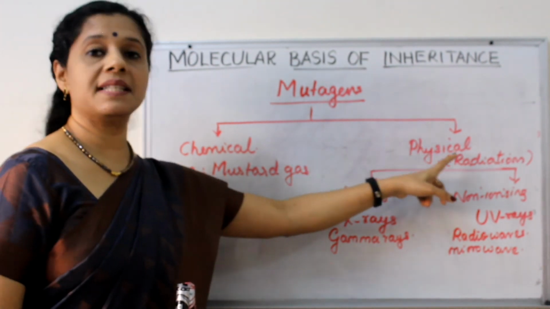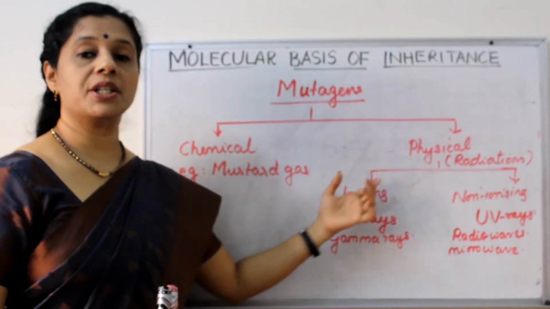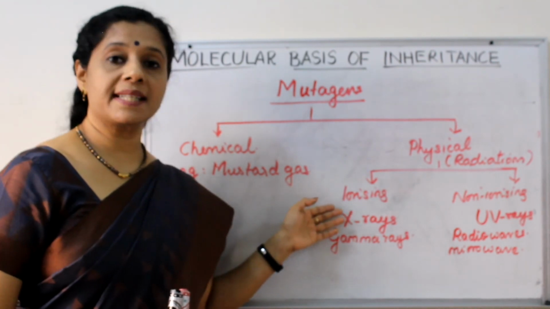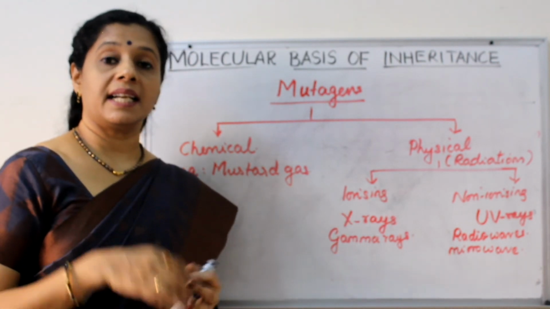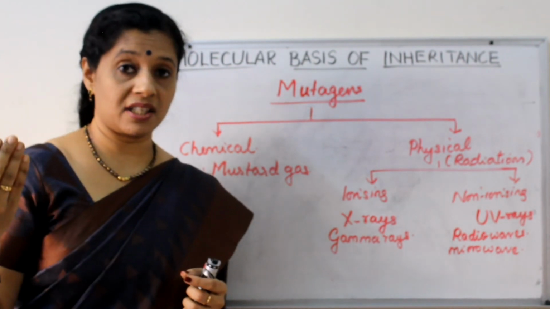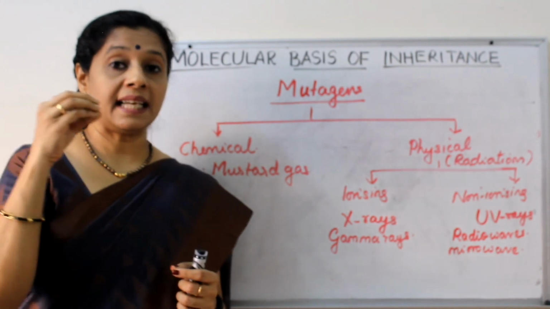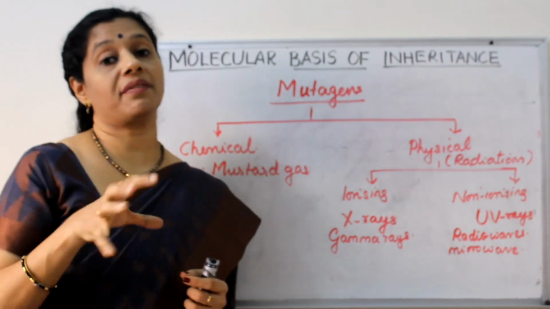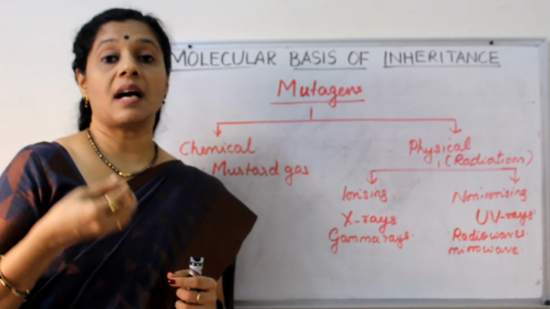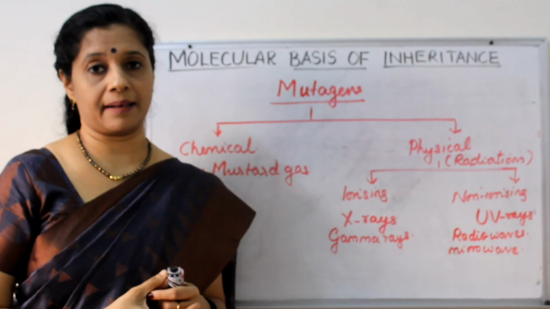In the same way, physical radiations can be of two types: ionizing radiations and non-ionizing radiations. What are ionizing radiations? The radiations with a shorter wavelength have high energy value. Since their energy value is high, they can disrupt the structure of an atom and produce ions in that atomic structure, or leave a free radical there.